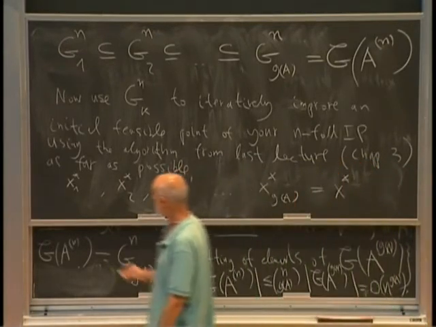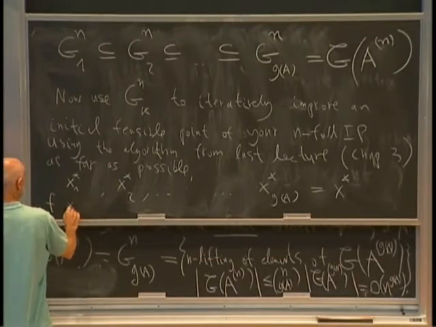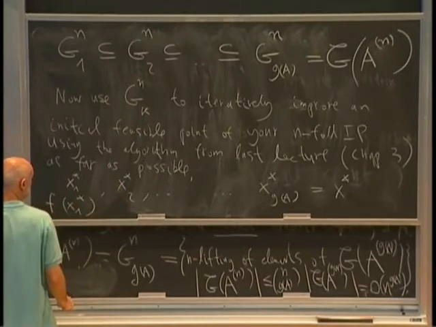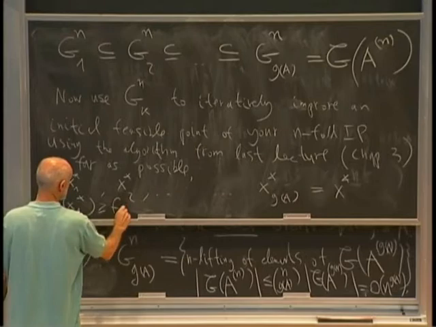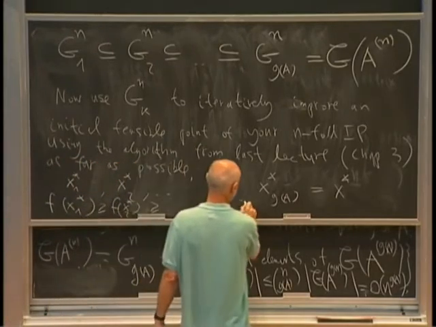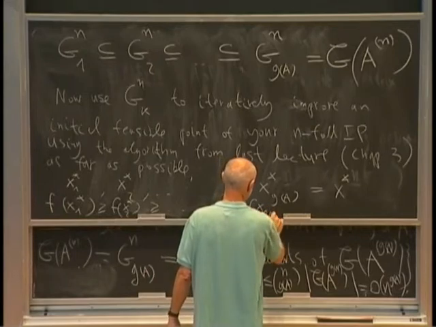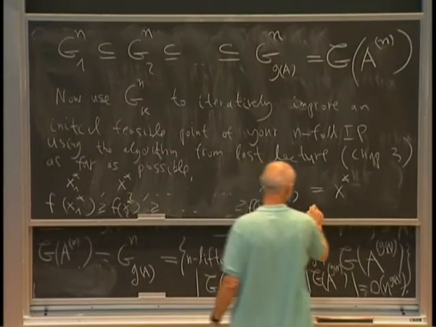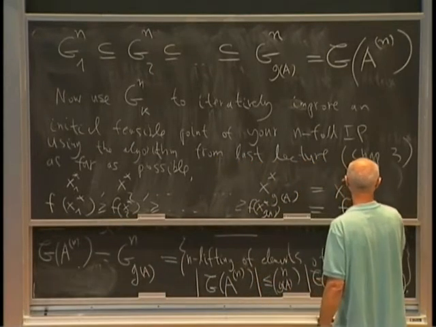And the objective function value, suppose we are minimizing, then they keep decreasing, and this is really the optimal objective function value.